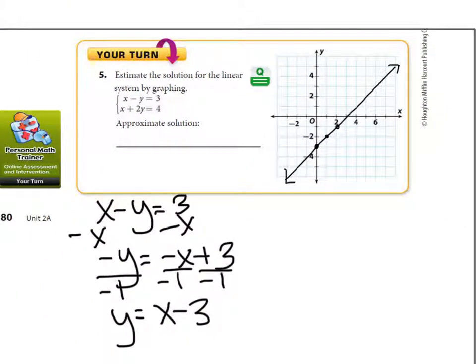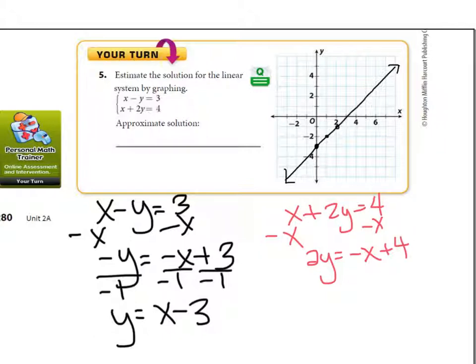Second line, we have x plus 2y. Sorry, let me do this in red just so we can see the colors. So we would subtract x. So I have 2y equals negative x plus 4. Well, this time to get y by itself, we have to divide by 2. So I have y equals.